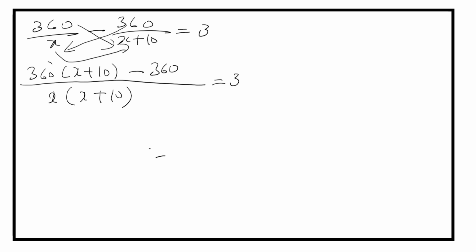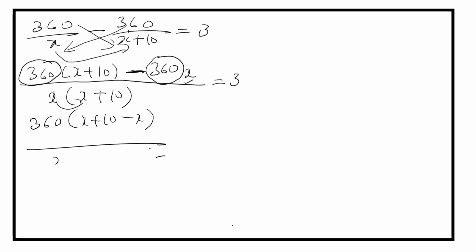Now we can take the common thing here, 360 into x. So 360 times x plus 10 minus x, upon multiplying, what is it? x square plus 10x is equal to 3.